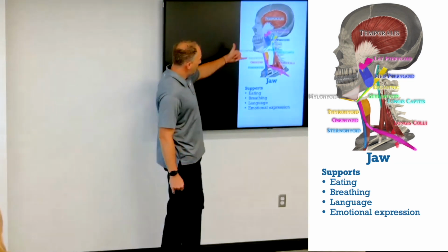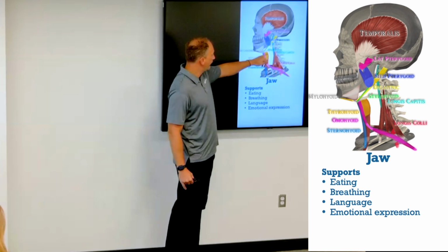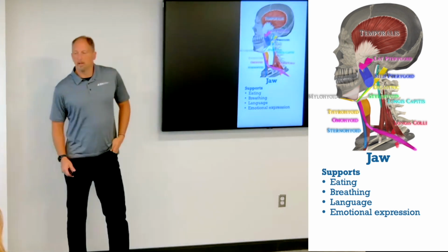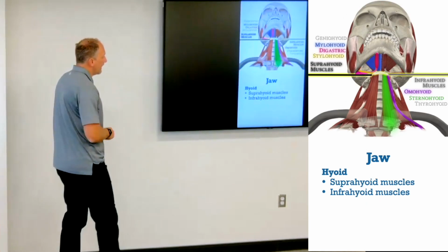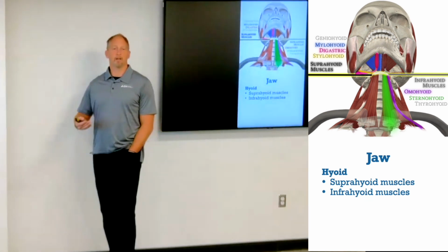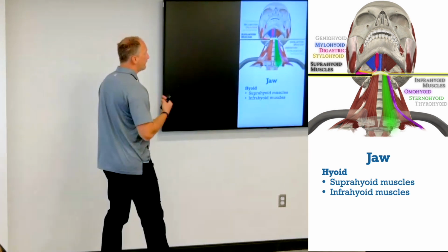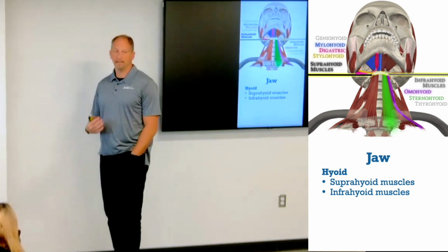Basically, they're just named by where they are in relation to the hyoid. Those below are infras, those above are the supras. It's not uncommon, if somebody has a problem with their diaphragm, a problem with the pelvic floor, that they're also going to have a problem with their jaw. TMJ is a deep front line issue. Jaw pain is a deep front line issue.